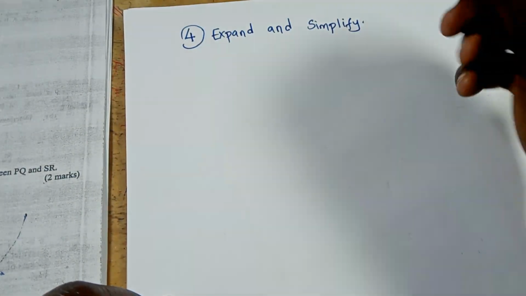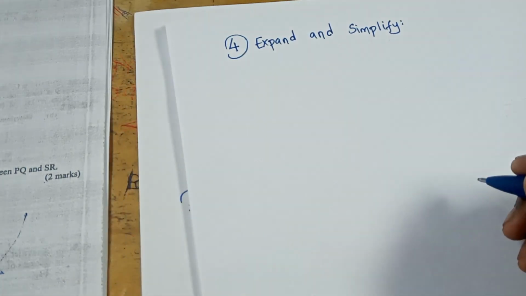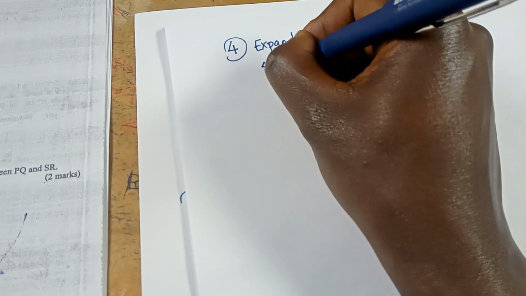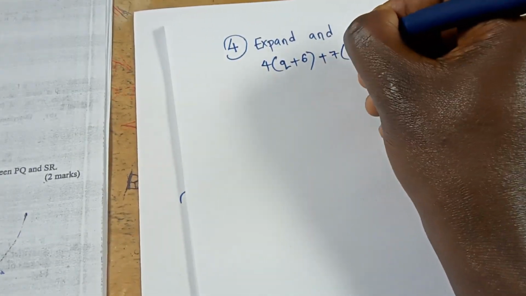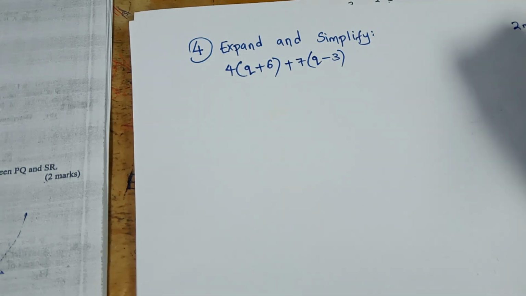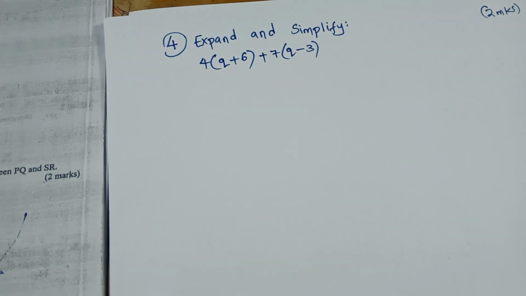We are supposed to expand and simplify. We have an expression 4 into brackets q plus 6 plus 7 into brackets q minus 3. That question should give us 2 marks.